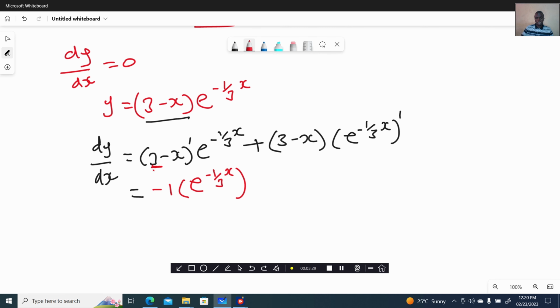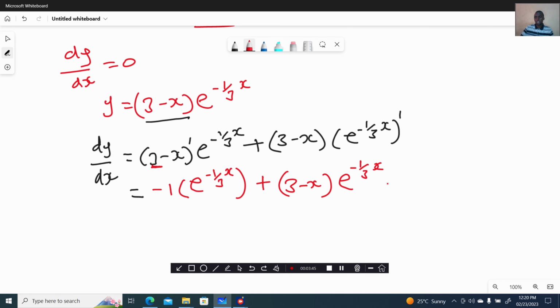Differentiating a constant gives us a 0. That's why I've ignored it. So we are not going to have it there. So this one will be plus (3 minus x), and we are going to differentiate e to the power of negative 1 over 3 x.